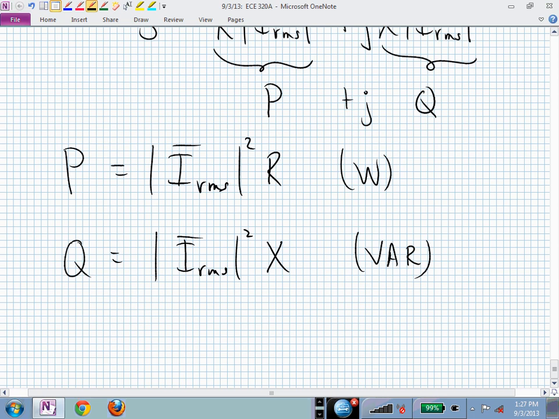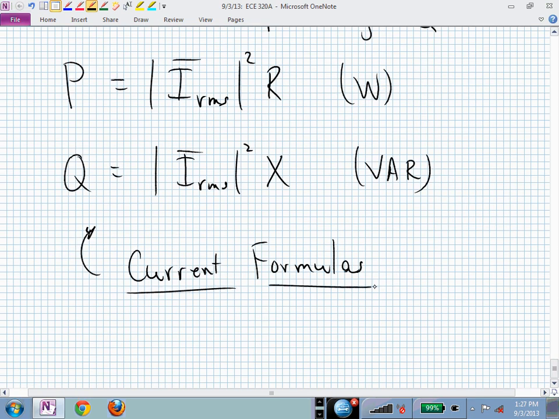And those formulas all now hinge on knowing the current. And you could then say that these are current formulas.